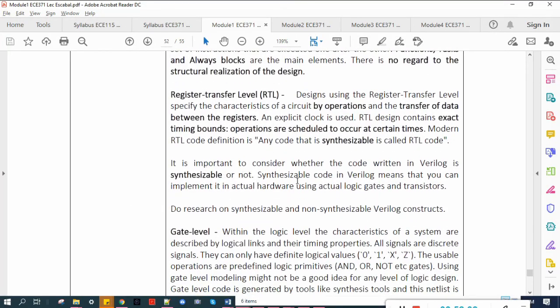It is important to consider whether the code written in Verilog is synthesizable or not. Synthesizable code in Verilog means that you can implement it in actual hardware using actual logic gates.